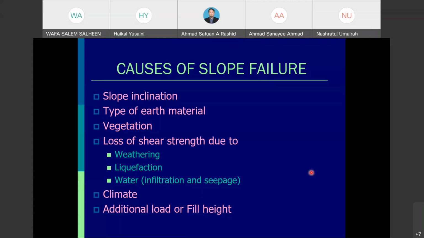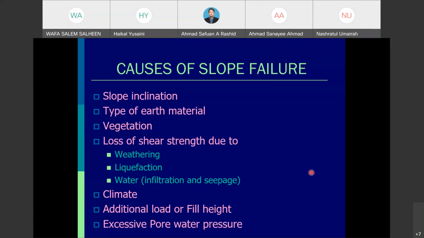It should be 95% of the maximum dry density value. So this is the typical cause of slope failure.